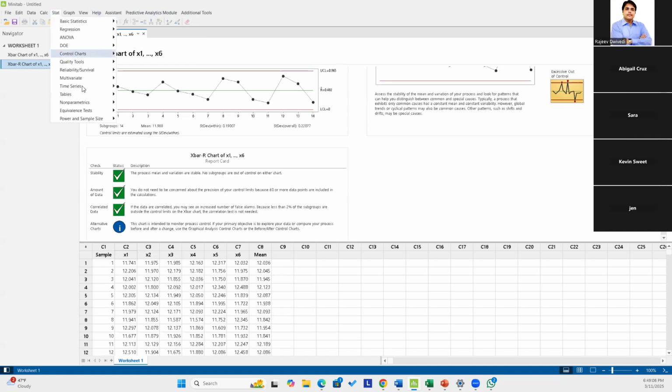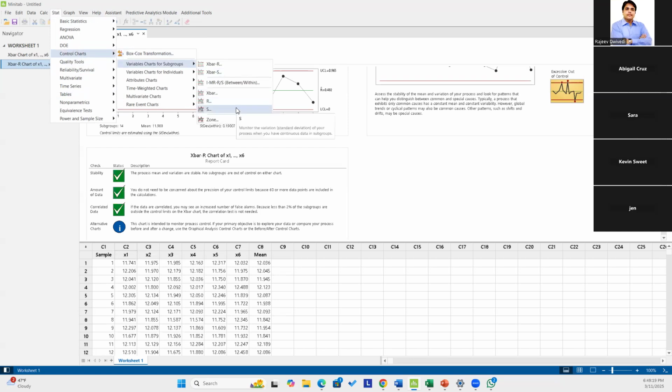You can go through these different options under statistics, control charts, R chart, S chart, and other charts. The same thing is right here.